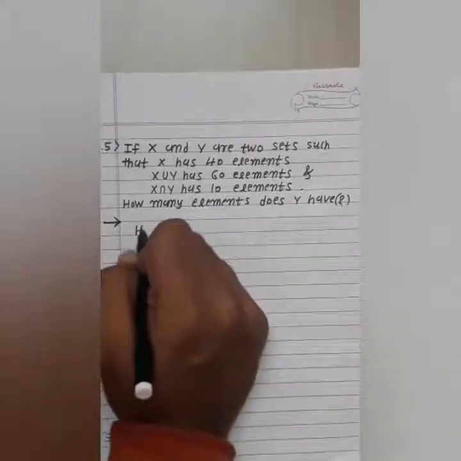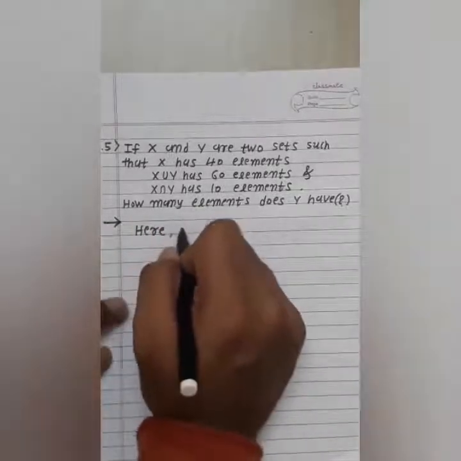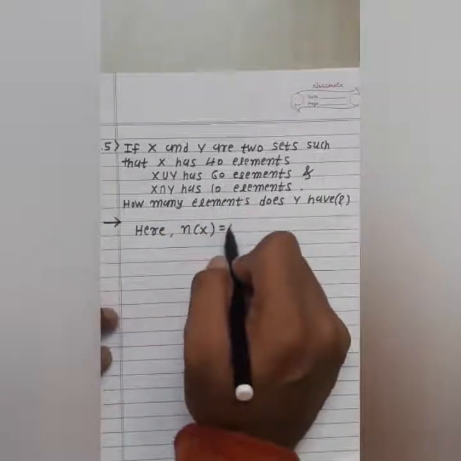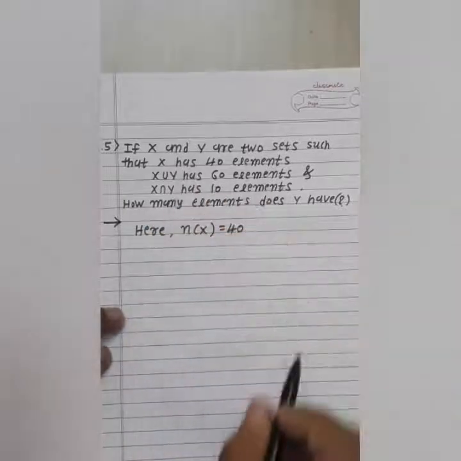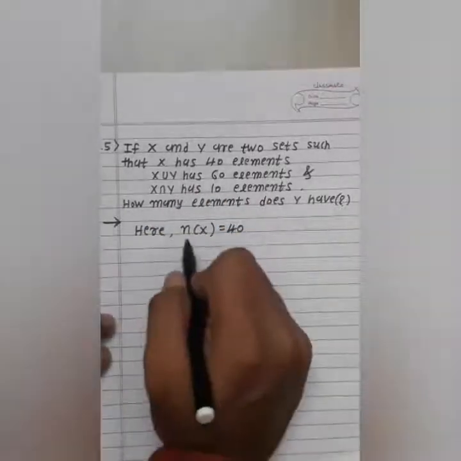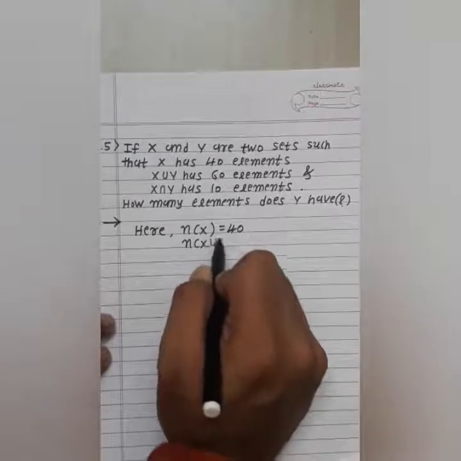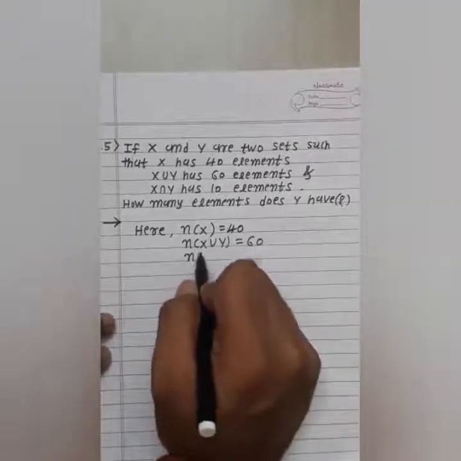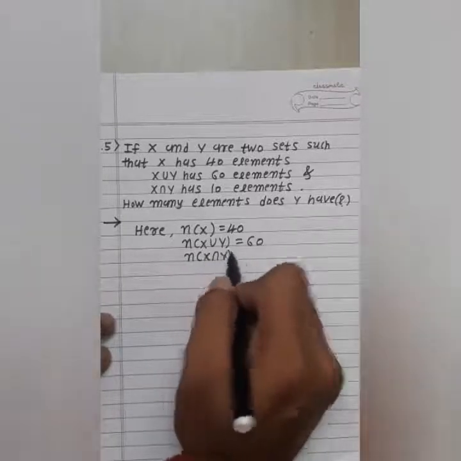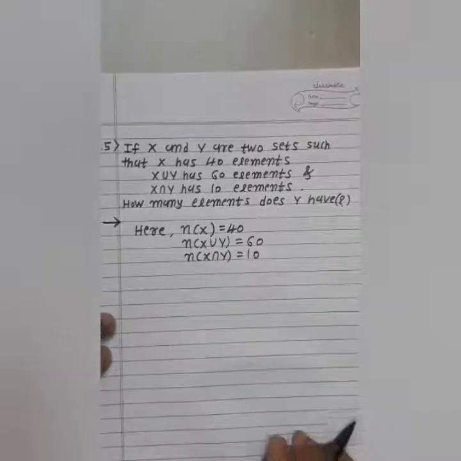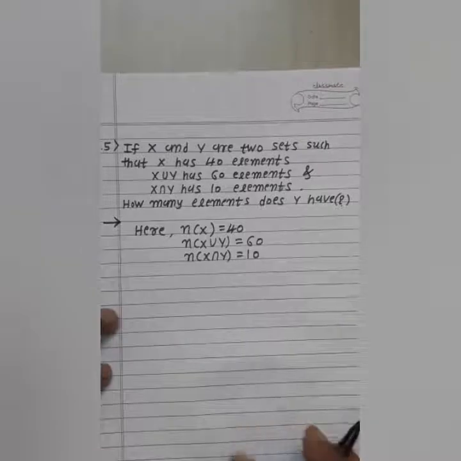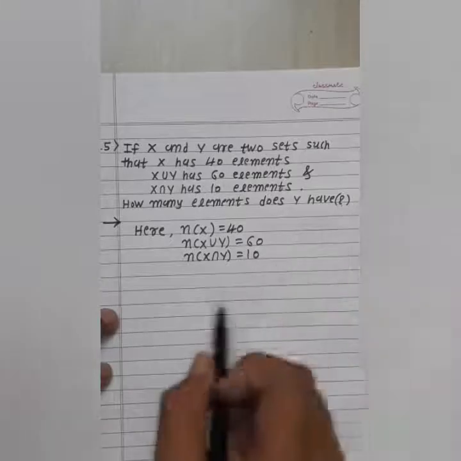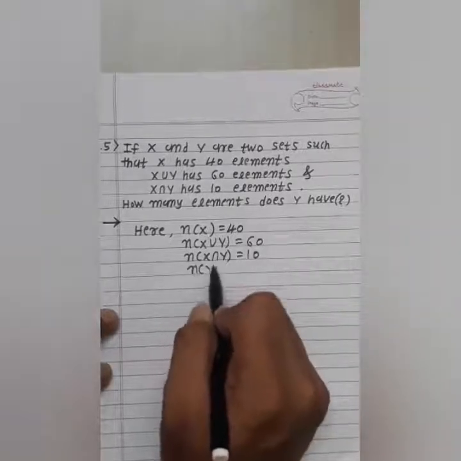So n of x is equal to 40, n of x union y is equal to 60, and n of x intersection y is equal to 10. Now our question is to find n of y.